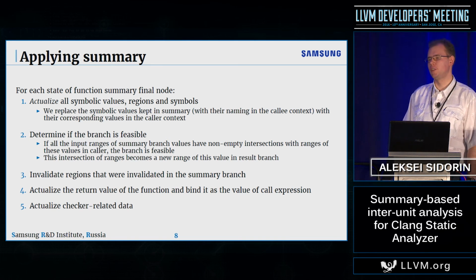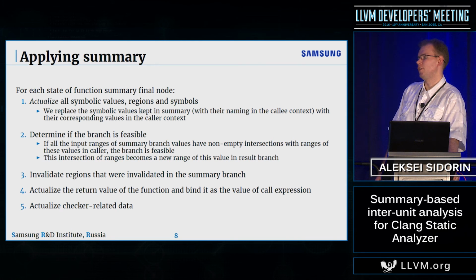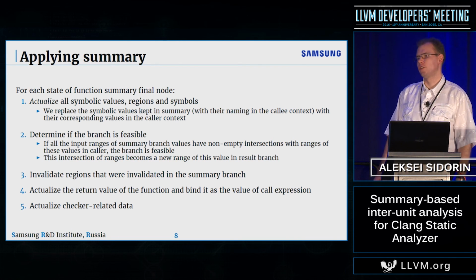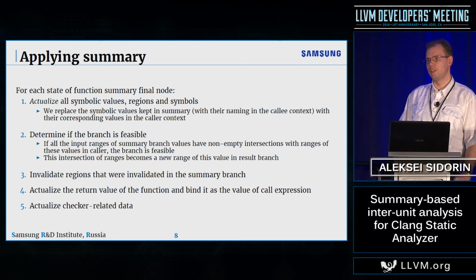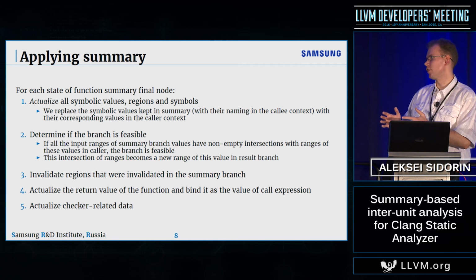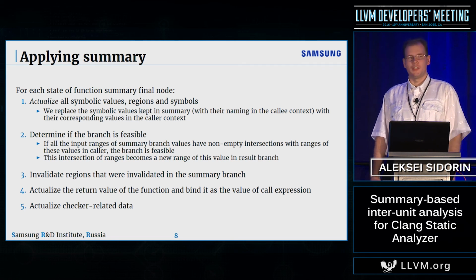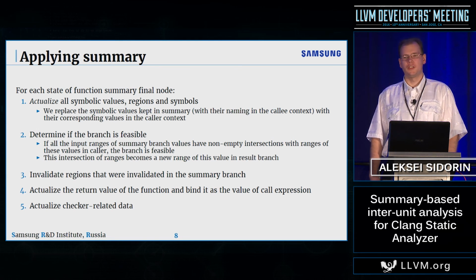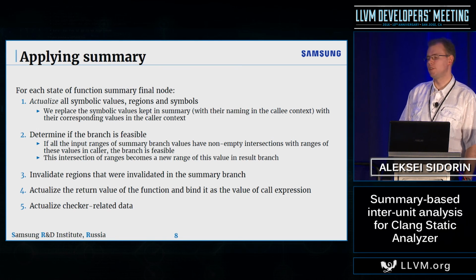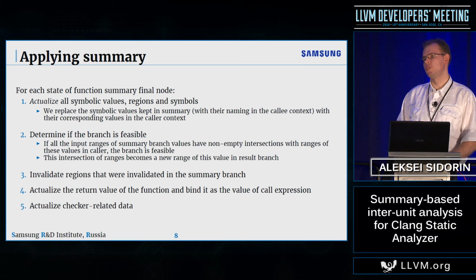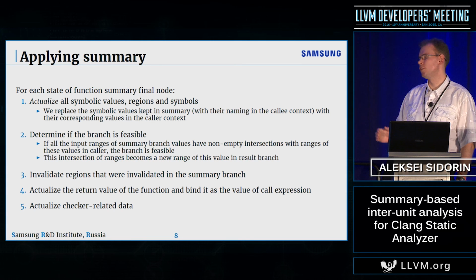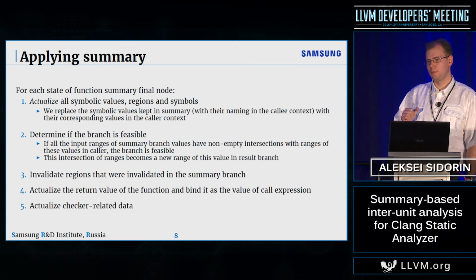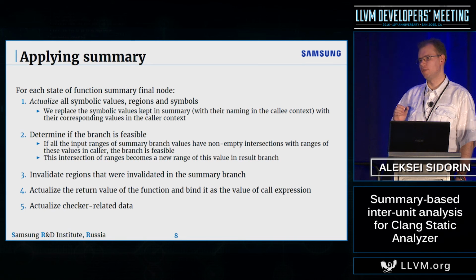So the resulting set of constraints is just the intersection of the constraint set in the callee context and in the caller context. If this intersection is empty for at least one symbolic value, this branch is considered non-feasible, and we do not consider it later. After this operation, we have a set of updated program states which are feasible and contain updated constraints.